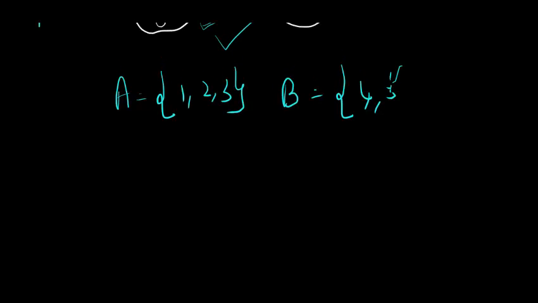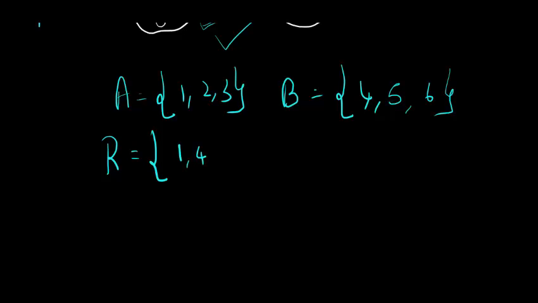Let's now look at set A, which is given to me as 1, 2 and 3, and I have another set B which is given to me as 4, 5 and 6. Now I'm going to write a relationship R in terms of ordered pairs.